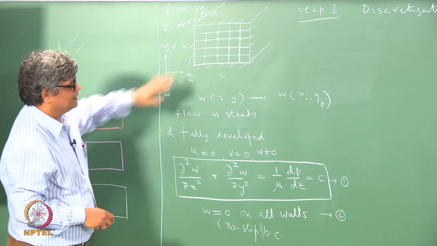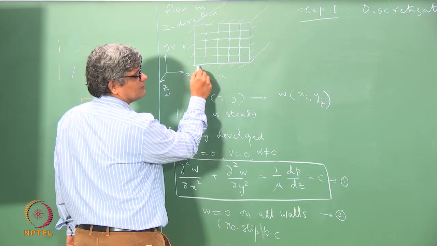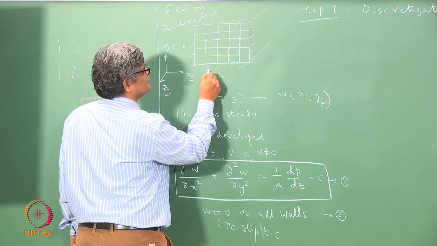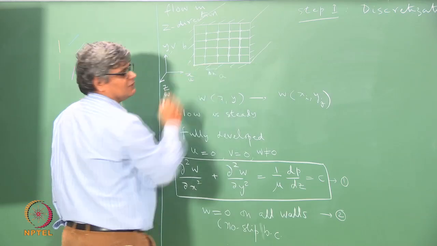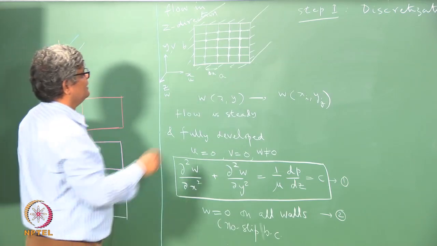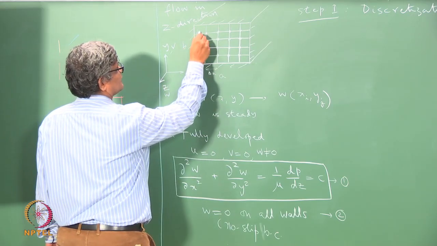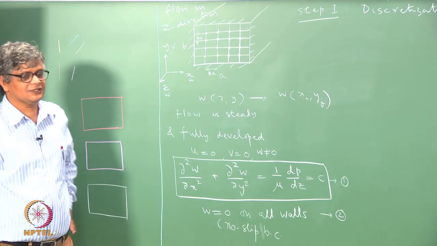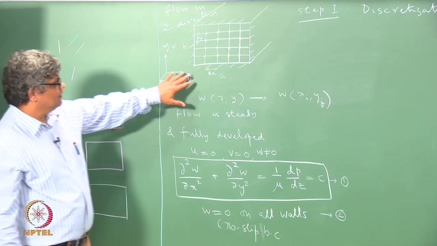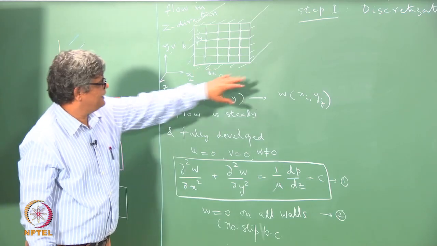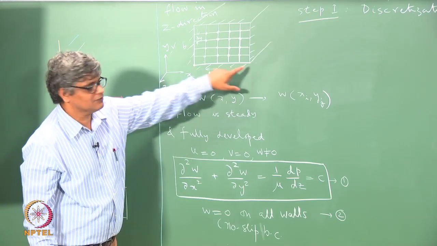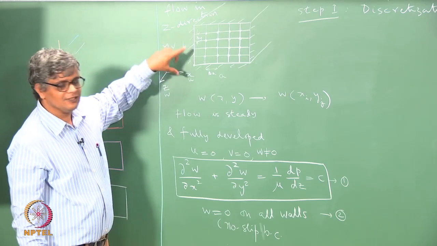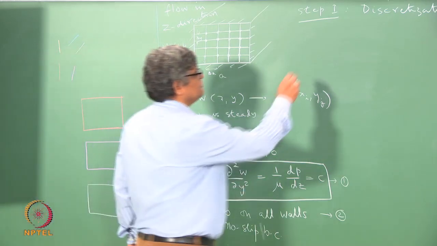But here we put them uniformly, so that you have a spacing of delta x between two x equal to constant lines, and a spacing of delta y between two y equal to constant lines. Okay. So, if we know the total length A, and if we know how many divisions we have made, we can find out delta x. Similarly, we can find out delta y, and this is known as uniform grid spacing.